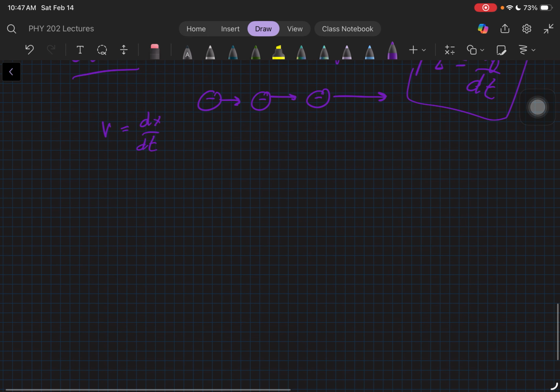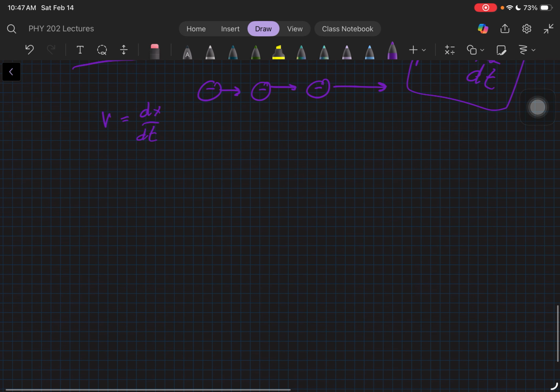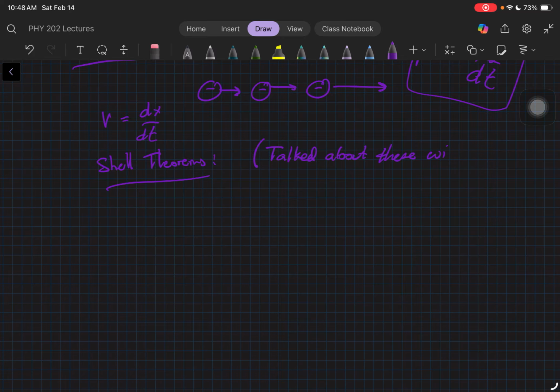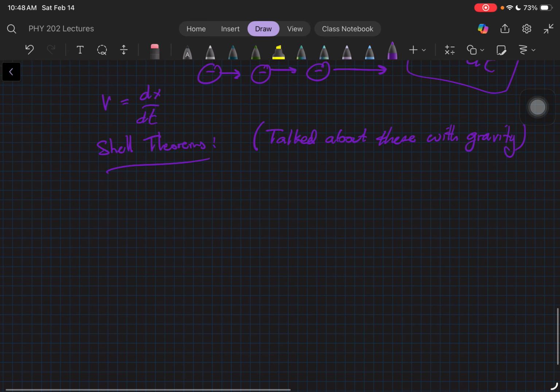Okay. And so we can get into the shell theorems a bit. So we talked about these last semester with gravity. And so we have the two shell theorems.